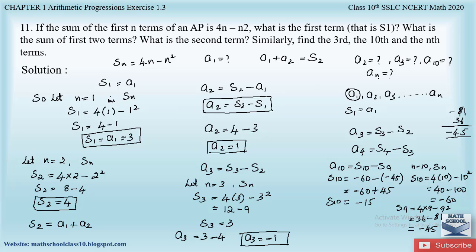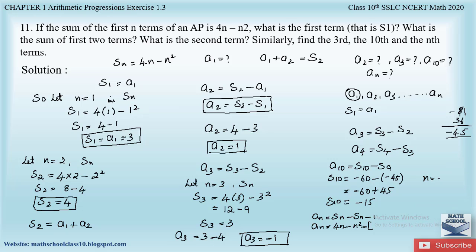Let us find the nth term now. An can be written as Sn minus the previous term sum, that is Sn minus 1. So An is equal to Sn, which is given in the question, that is 4n minus n square, minus Sn minus 1. Let us substitute n is equal to n minus 1 in Sn.